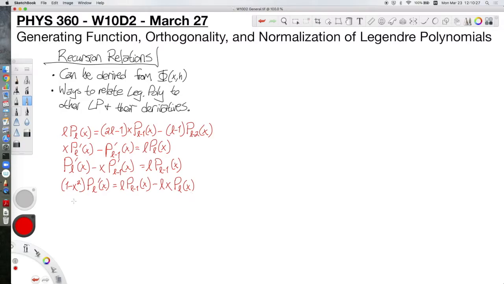Just two more of these. (2L plus 1) times P_L of x equals P prime sub L plus 1 of x minus P prime sub L minus 1 of x. And last but not least, at least on the examples we're going to cover, (1 minus x squared) P_L prime of x equals L x P_{L-1} of x minus L times P_L of x.